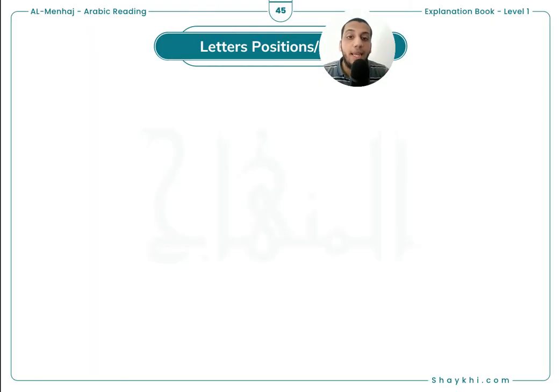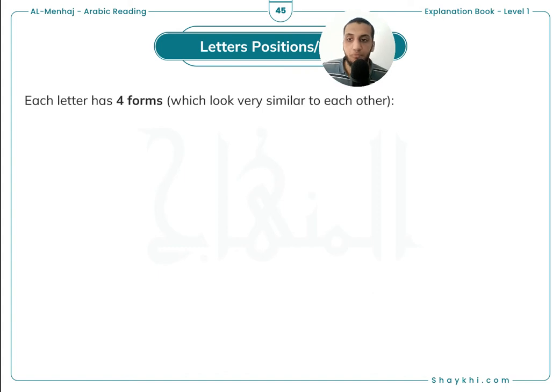When we speak about the connected letters, we speak about the different positions of the letters. Each letter has 4 forms which look very similar to each other. So why does each letter have 4 forms? Let's discover that.